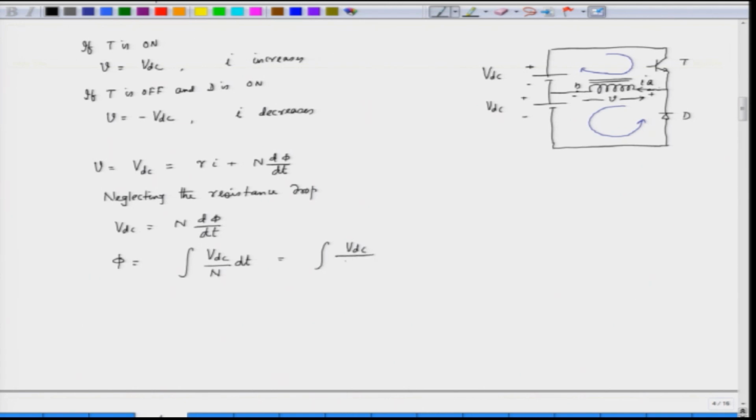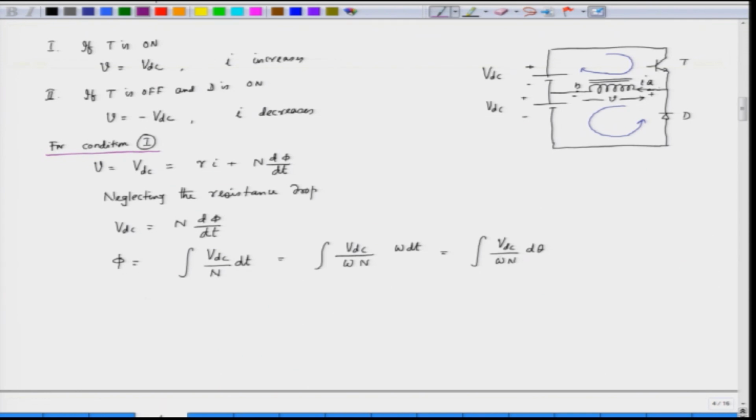and we divide by omega here and multiply by omega. So, if we multiply omega into dt, omega is the speed in this case. What we get here is the integral of VDC by omega N, and this becomes dθ. We assume that the first condition is applied, this is the first, this is the second condition. For condition 1, we have this equation.